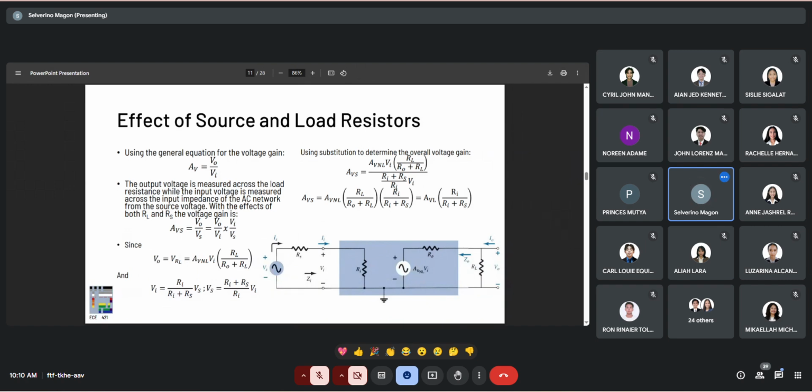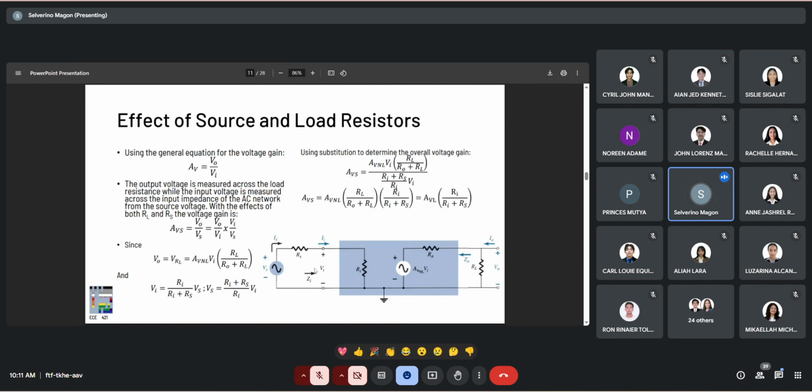So loaded voltage gain, AVS, is equal to no load voltage gain times the two voltage divider factors. RL by virtue of the voltage divider here, and then RI by virtue of the voltage divider here.